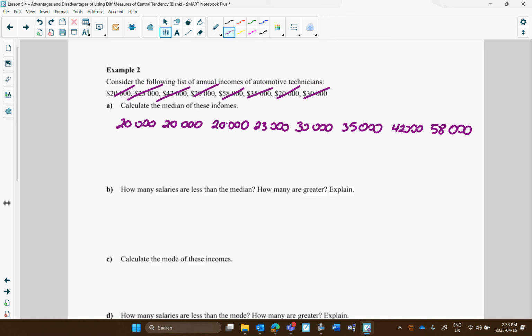Are there 1 or 2 numbers in the middle? Remember, if there's an odd number of data values, there's only 1 in the middle. If there's an even number, there's 2 in the middle. There are 8 data values in here, so there are 2 numbers in the middle, because we've got 3 below those 2 numbers and 3 above.